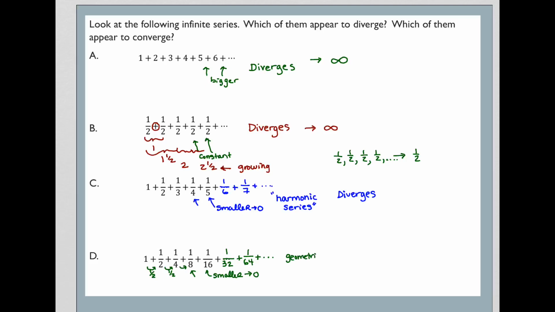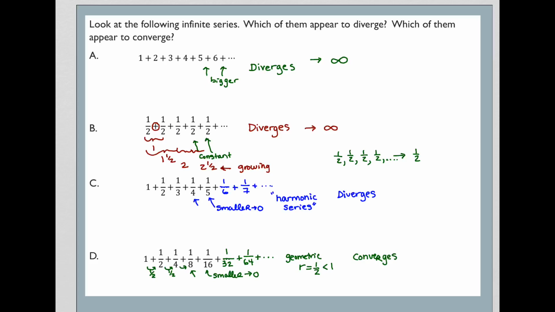In this particular geometric series, our R value, the thing that multiplies each term, is 1/2, and because 1/2 is less than 1, this series converges. So the terms are getting smaller, heading to 0, and getting small fast enough. Because of that, this series converges.